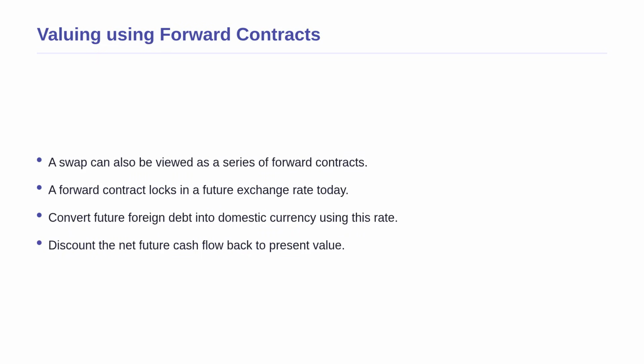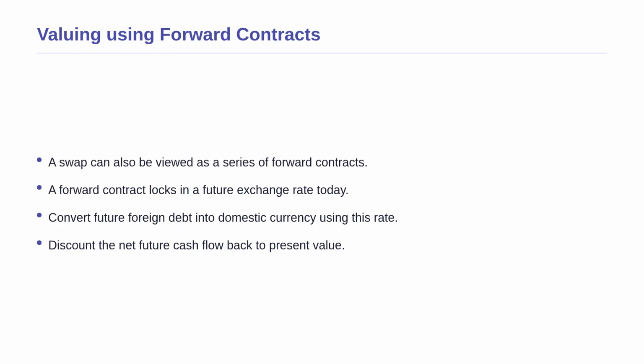We have successfully valued the swap using bonds. But there is another equally valid way to look at it. Instead of bonds, we can view a currency swap as a series of forward contracts. A forward contract is simply an agreement to exchange currencies at a specific future date at a pre-agreed rate.